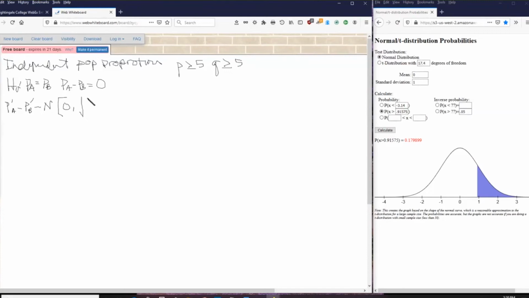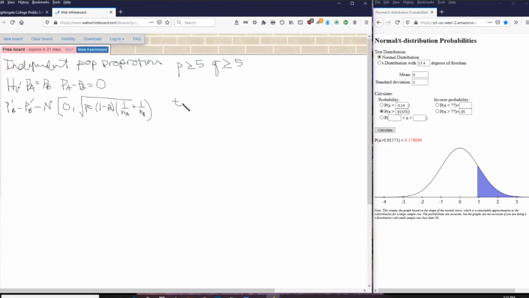And what we're going to use for standard deviation is going to be the square root of the pooled proportion times 1 minus the pooled proportion times 1 over the sample of A plus 1 over the sample of B.